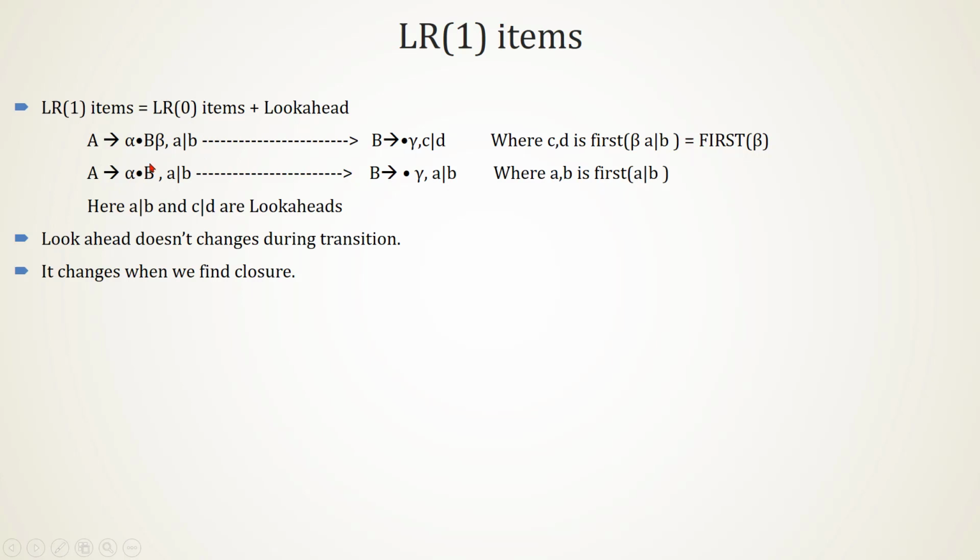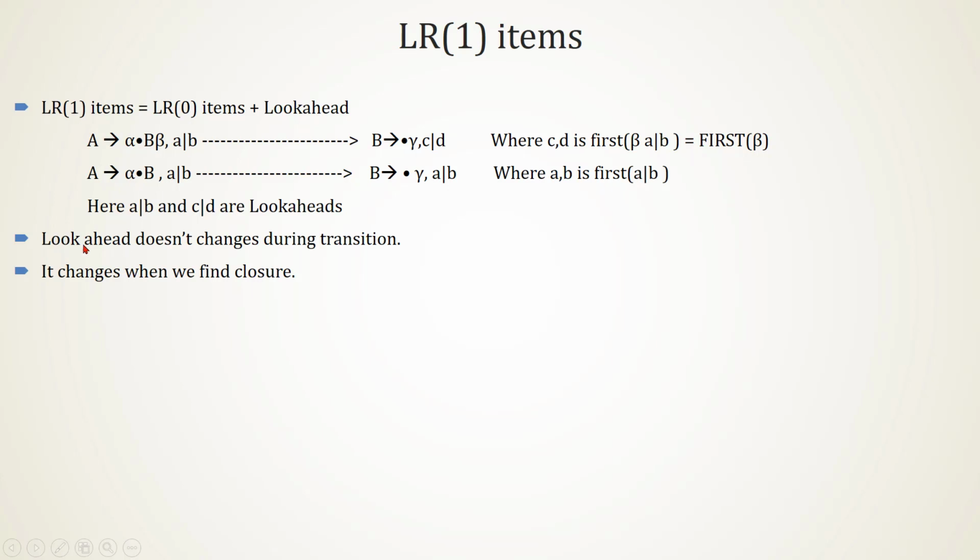So anything after this dot B has to be considered as a block. Here also I am considering AB as a block. So first of AB is A comma B, because A and B are terminals. First of those terminals are A and B. Here A, B, C, D are look aheads. This will be clear when you see the example.